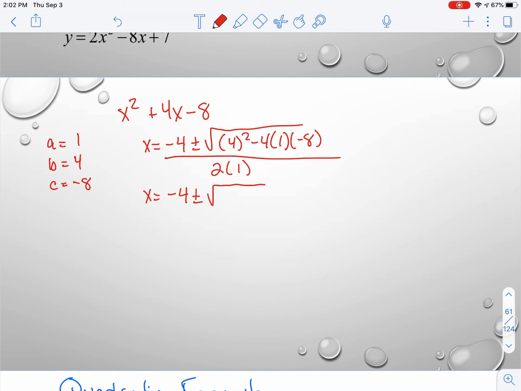So if we crunch our discriminant, 4 squared minus 4 times 1 times -8, we get 48, all divided by 2.